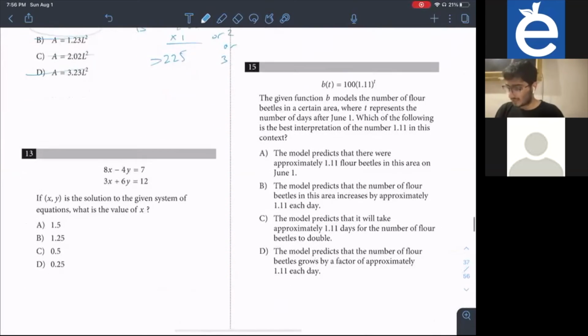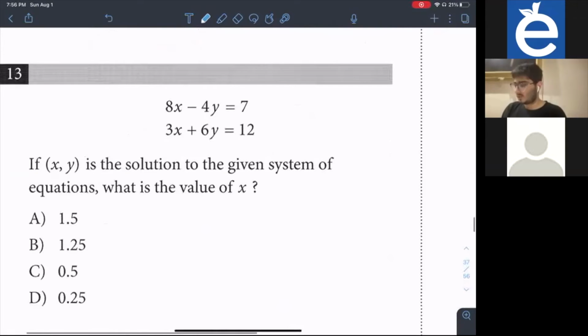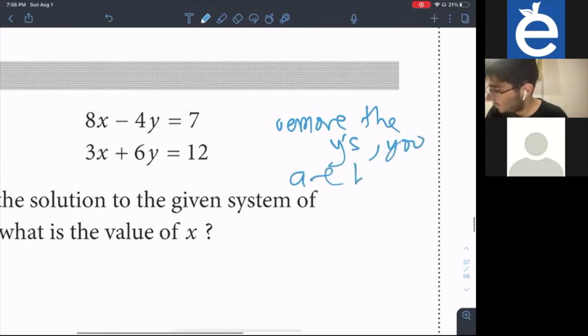Okay, question 13. If x comma y is the solution to the given system of equations, what is the value of x? Okay, so the way I would do this is by removing the y's. Because if you remove the y's, you are left with the x's.